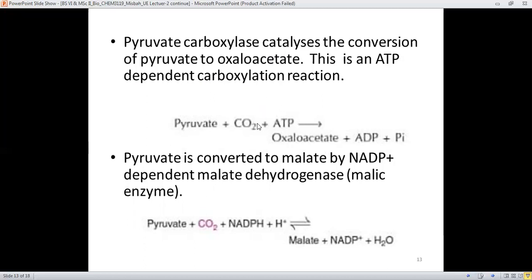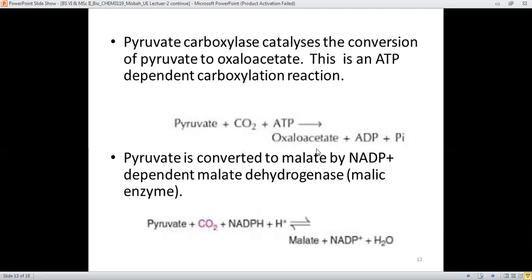Carboxylation means carbon dioxide, or one carbon unit, is added to pyruvate to give oxaloacetate. So we say that pyruvate is converted to oxaloacetate by utilizing energy in the form of ATP and carbon dioxide.